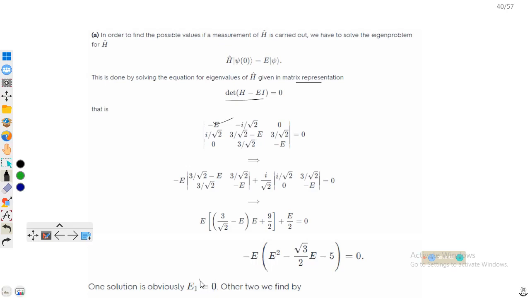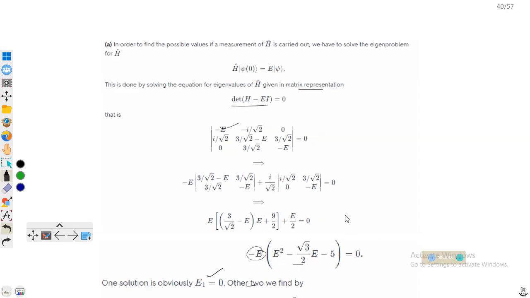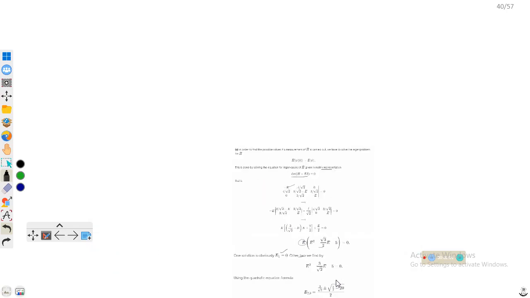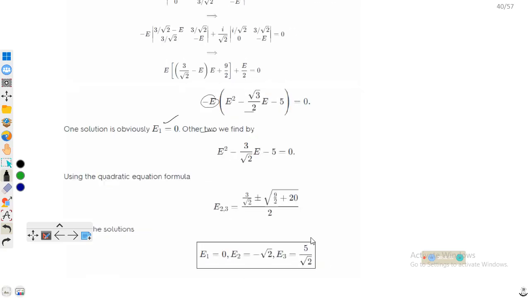The first, E1, is 0, as you are observing, and the other two we find by the quadratic formula. If I maximize it so that you can see it, the other two eigenvalues will be obtained from the quadratic formula, E squared minus 3E under 2 minus 5 equals 0.